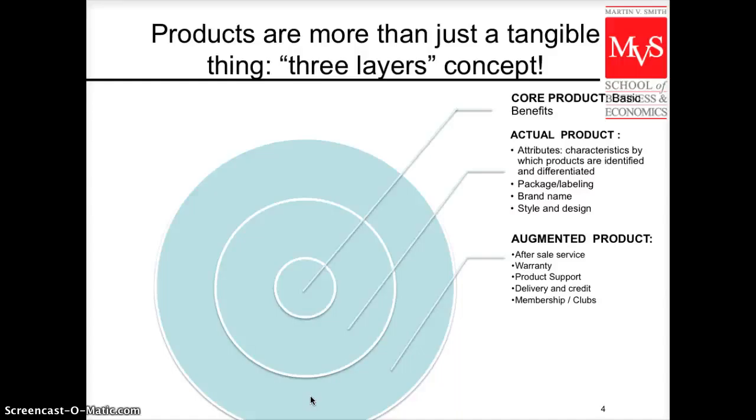If you think of the same example, the car, when you go and buy the car, you're going to consider other things that are not necessarily part of the actual product. I'm thinking of financial services. Are they giving me a good lease or a good loan? After sales service, the warranty. Am I going to be part of a membership or a club by buying this car?